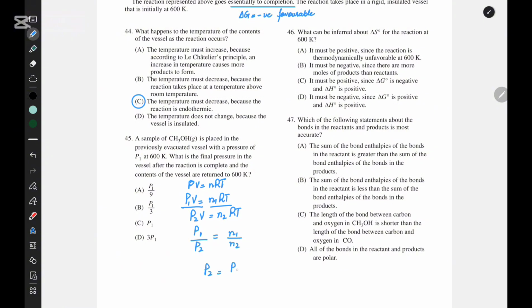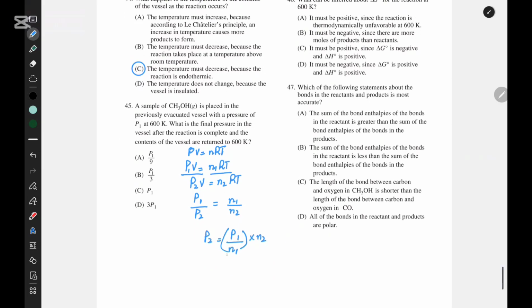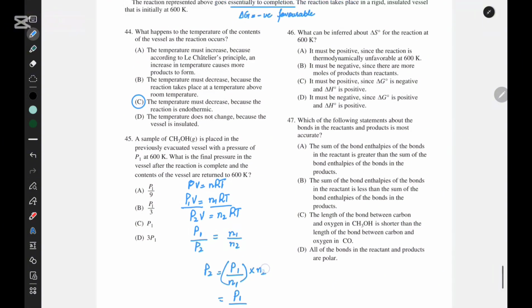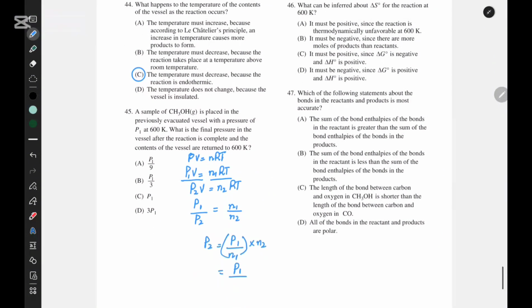P2 is equal to P1 by N1 times N2. N1 we know is 1 mole, and N2 is 3 moles. So P2 comes out to be 3P1. So that is going to be option D.